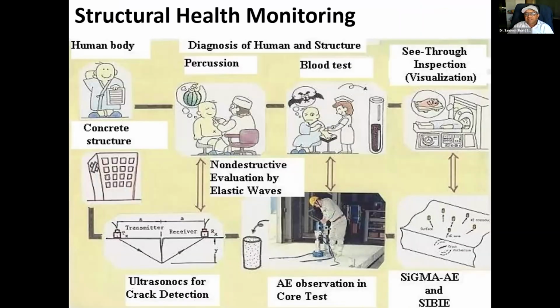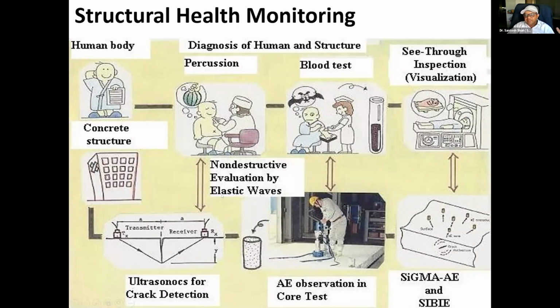I would go back to the concept of structural health monitoring. Structural engineers have a role similar to doctors. When we go to the doctor when we are ill, the doctor will check us through various methodologies. He'll check our pulse, our heart rate, take the blood sample, and maybe we have to go for a CT scan, right?